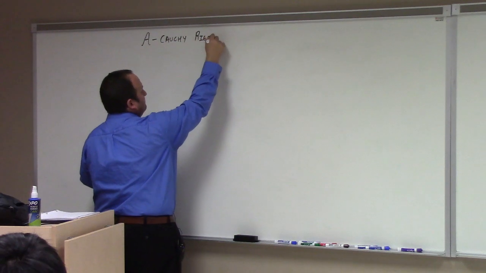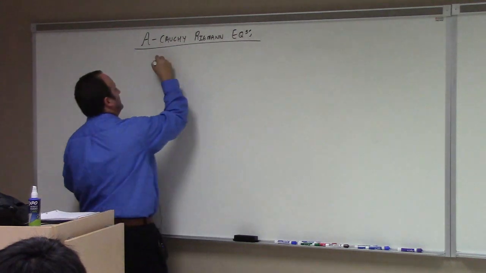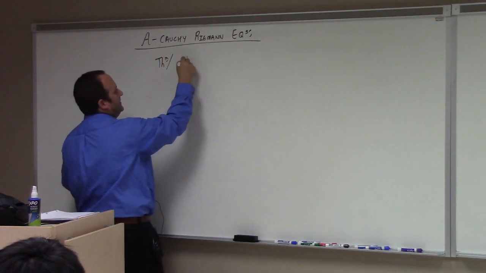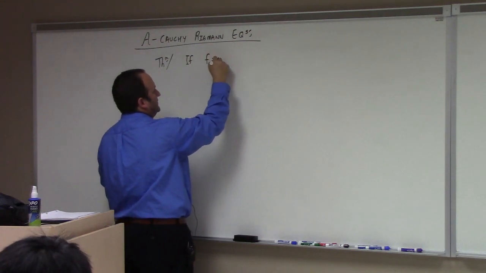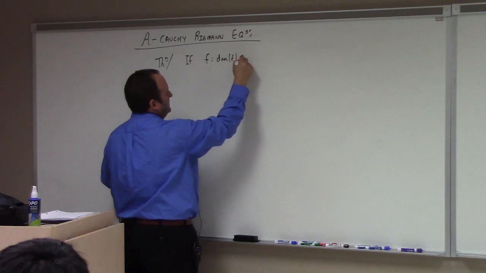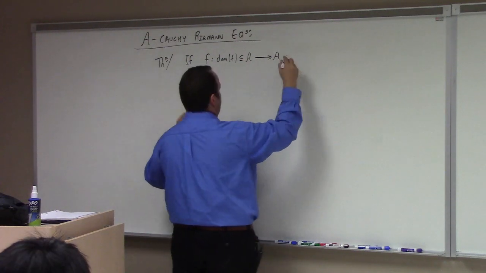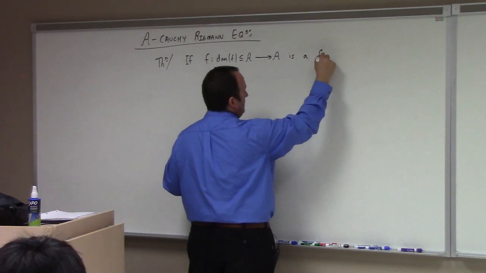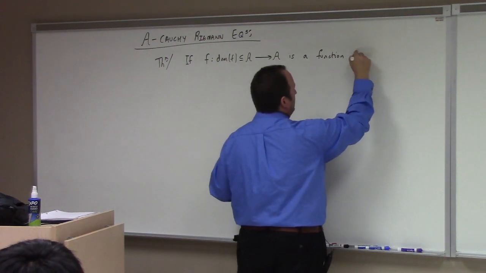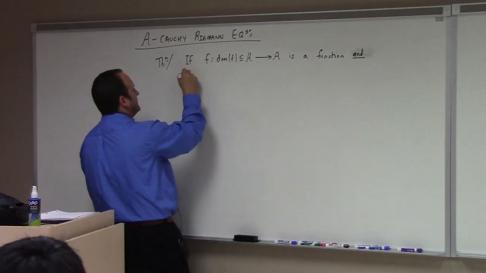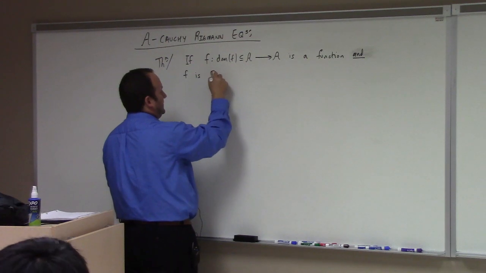And so the basic theorem that we're going to work with is this. If f, which is from some domain of an algebra to the algebra, so we got a function, and f is real differentiable.